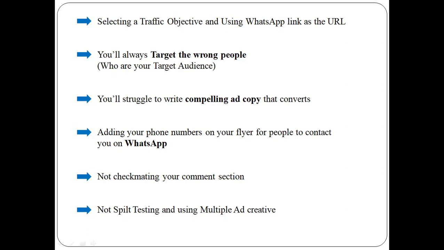Okay, so another issue people normally face is that they don't split test using multiple ad creatives. Most people depend on, let's say, one ad campaign and use it over time. It's not really cool. Sometimes it's good that when you create one campaign, you duplicate the ad sets. When you duplicate the ad set, you can use two different audiences.